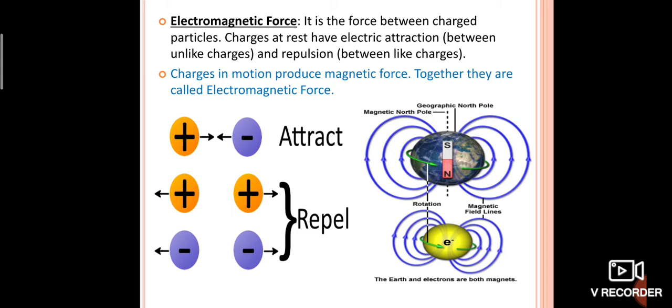There is a force of attraction between unlike charges, that is, between positive and negative charge, and there is a force of repulsion between like charges, that is, two positive charges repel each other, also two negative charges repel each other. Charges in motion produce magnetic force. The study of electric forces and magnetic forces together is called electromagnetic force.